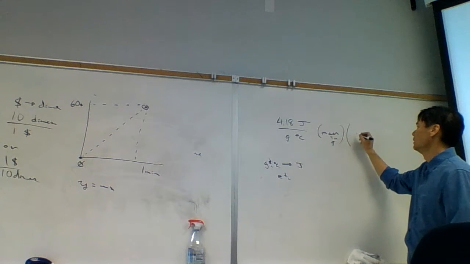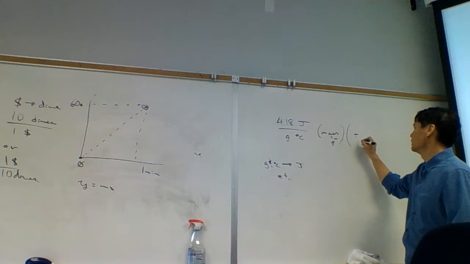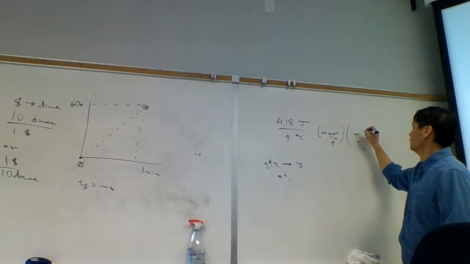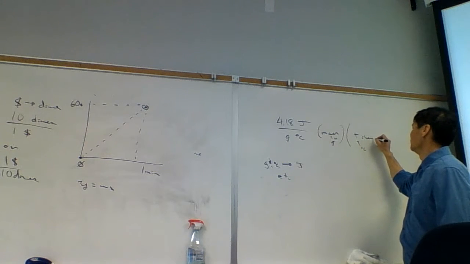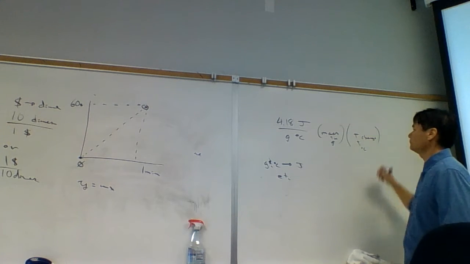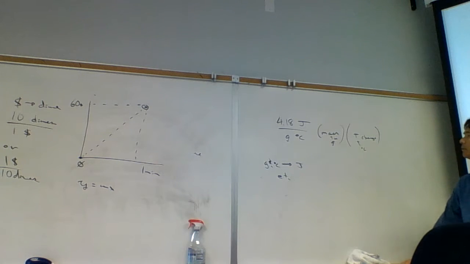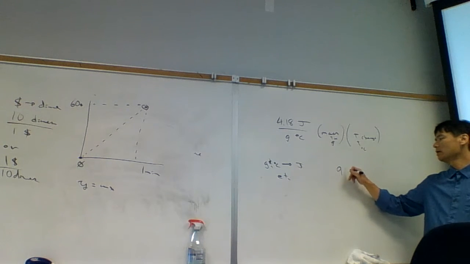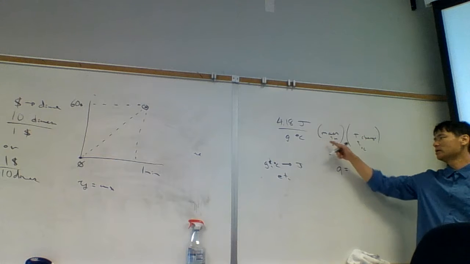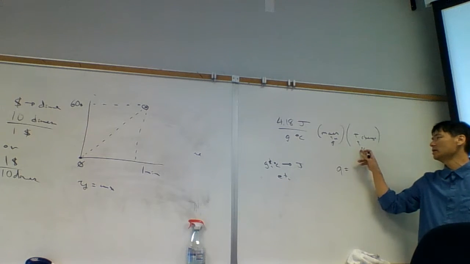Actually, this is going to be a temperature in degrees C, so this is a temperature change. And so we come up with this equation, which people memorize, but it's just based on dimensions. The grams cancel, the degrees C cancel.